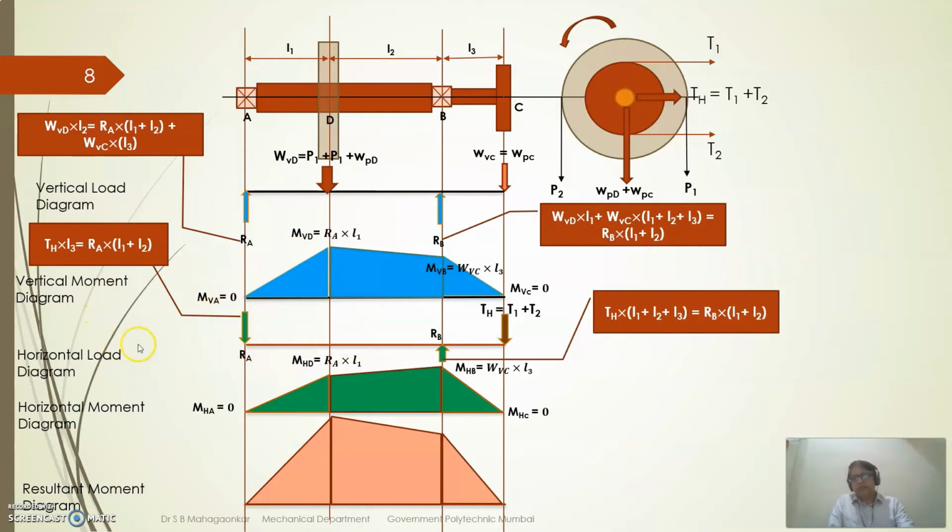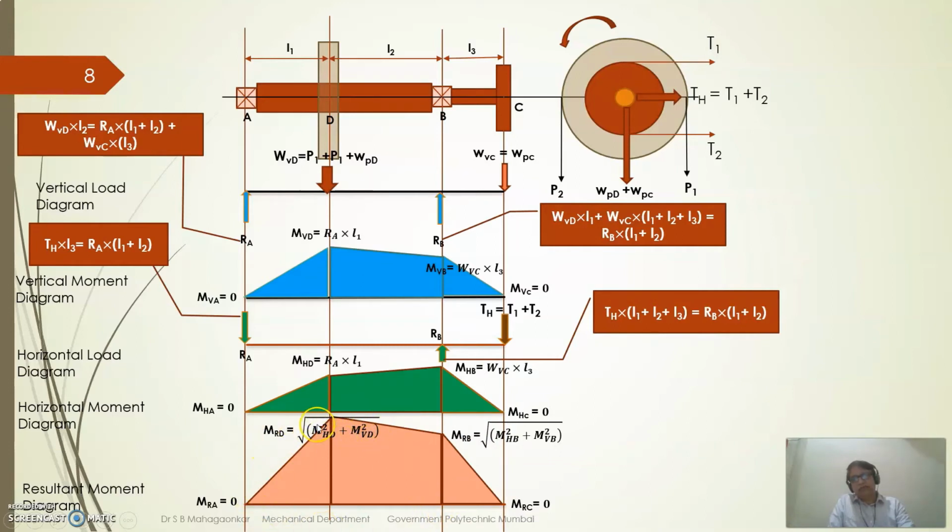By doing that, I can get the resultant moment at A, which will be 0, since MHA and MVA are 0. MR at D is this value, MHD square plus MVD square. MRB takes this value, MHB square plus MVB square, and MRC is equal to 0. So in this diagram, you will have the maximum bending moment. This is the resultant moment diagram.